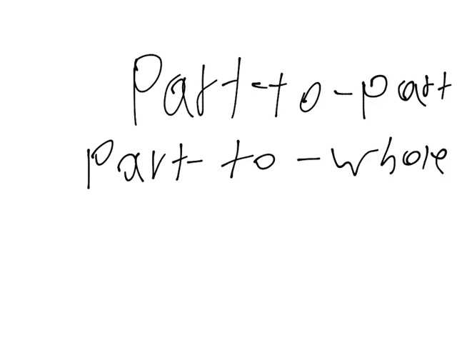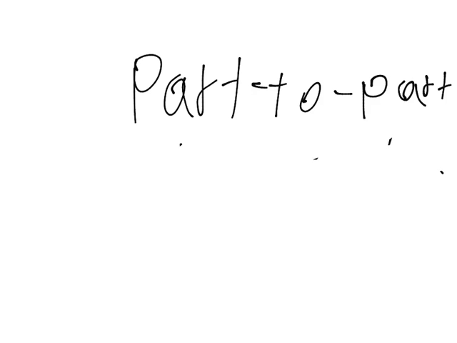With these two different types of ratios, we're going to start with the part-to-part ratios. Part-to-part ratios are ratios that are not whole to another ratio that's not whole. So basically, a part-to-part ratio is not whole to not whole.